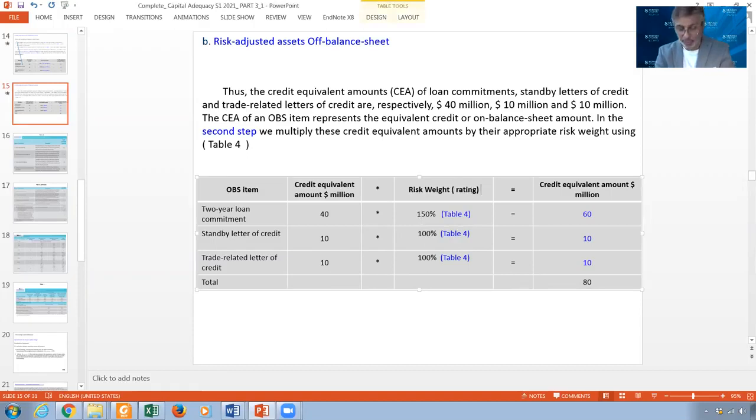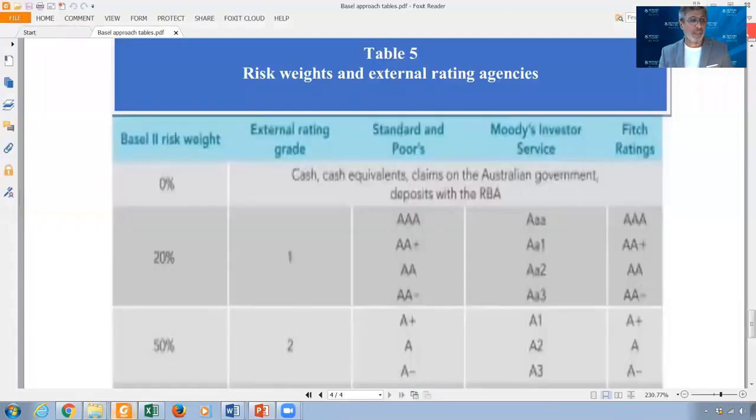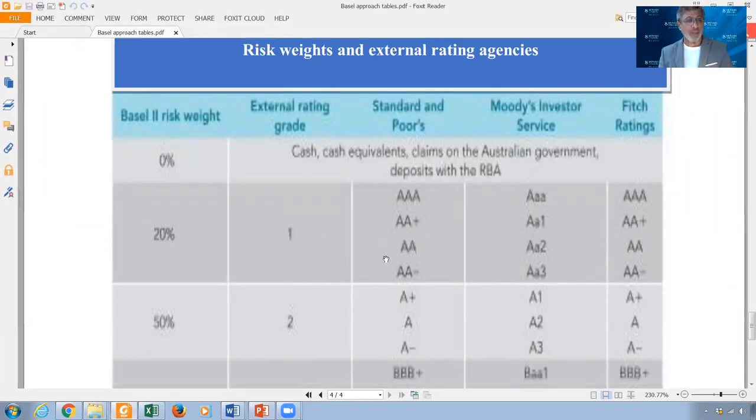And you can take it from, as I told you, table 5 in the main tables, or table 4 here according to these tables. But I prefer you use my tables here. Regardless whether it's table 5 or table 4, you are using the rating, and you are using the Standard & Poor's, and these are the risk weights.